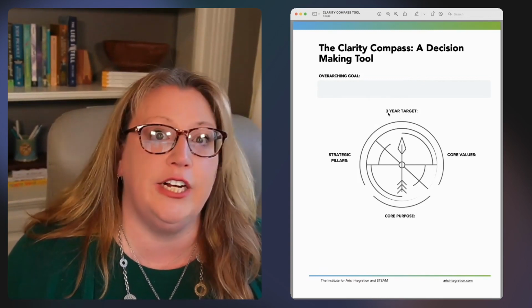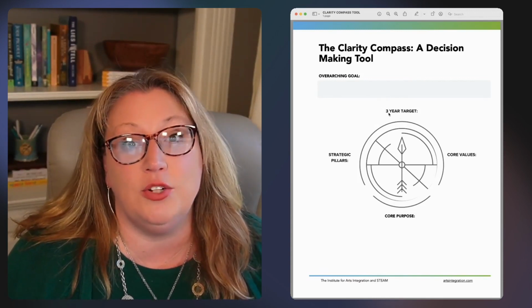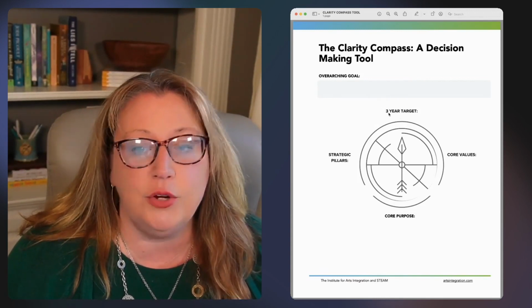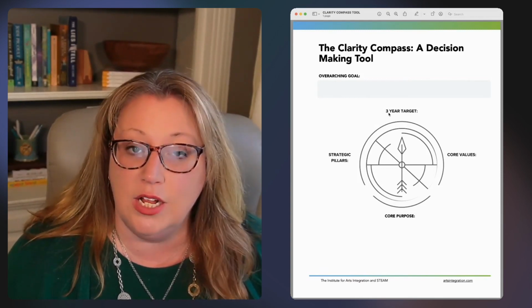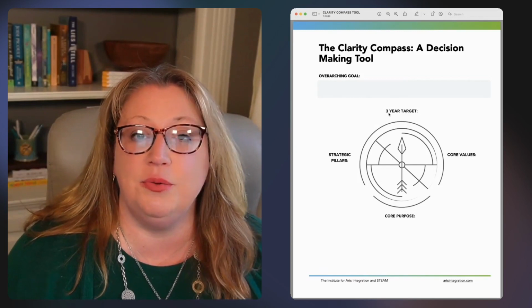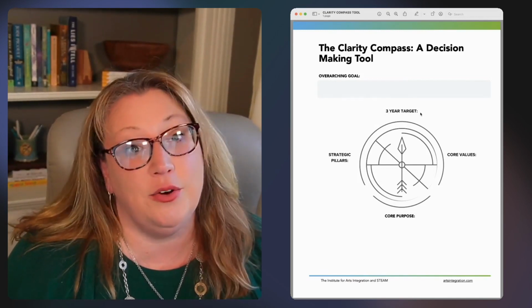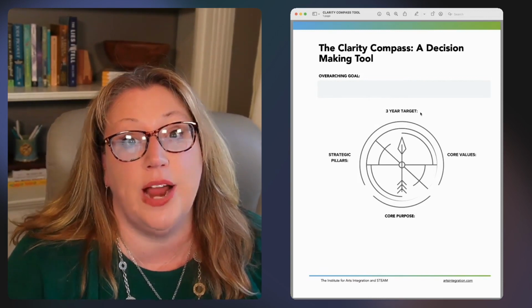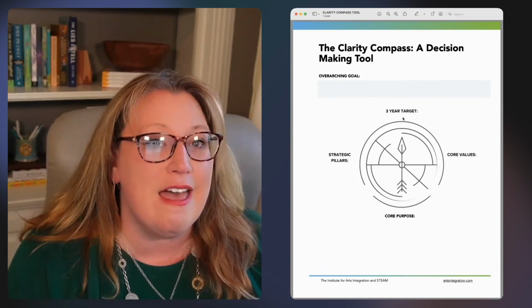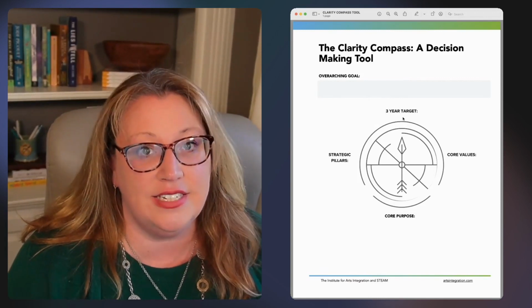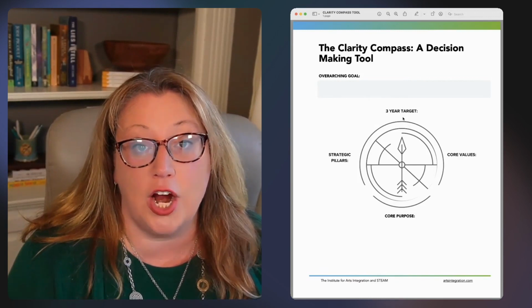If you're a school leader and you're actually using this as a 3-year target, and let's say you're working towards arts integration, your 3-year target is to be certified as an arts integration school by the Institute, which, by the way, that's coming. That could be your 3-year target, right? That's where we're headed. So the point of north here on the compass is so that everybody is aware this is where we're headed. And when you start making decisions, you're going to start with north.